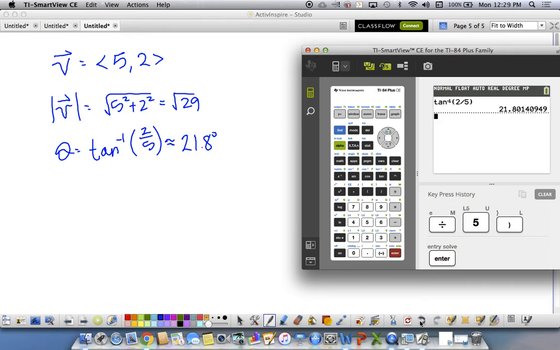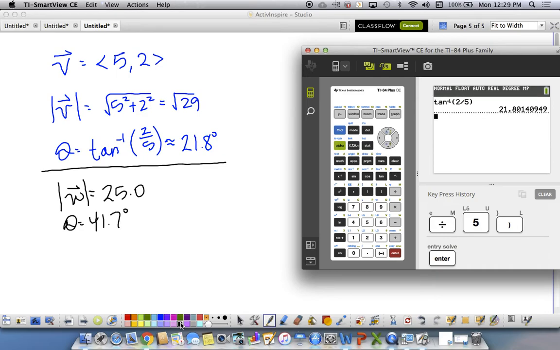I'm going to give you another problem. What if I give you the magnitude of W equals 25.0, and my theta is 41.7 degrees?